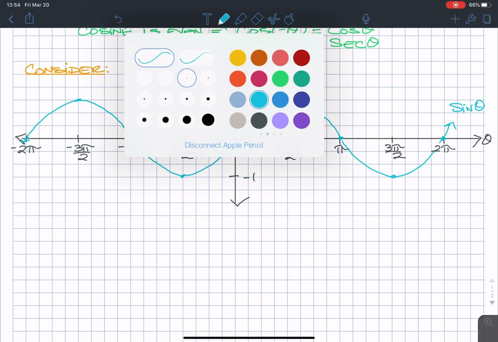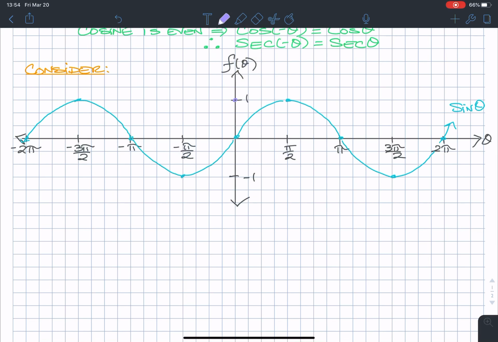And now let's go ahead and plot cosine of theta, which starts at amplitude and is a mirror image on either side of the y-axis and ends once again at amplitude. It looks something like so.